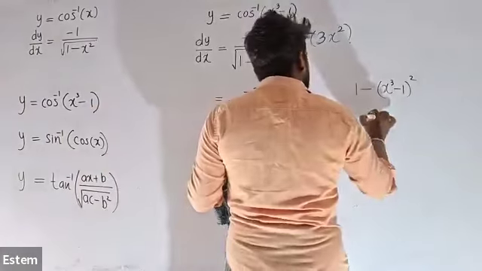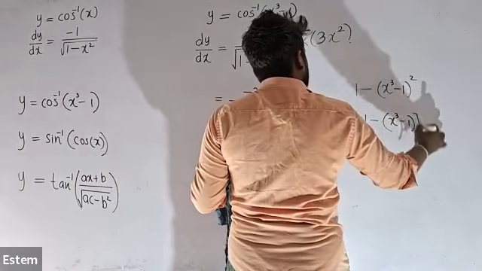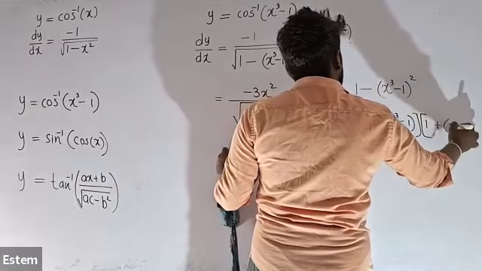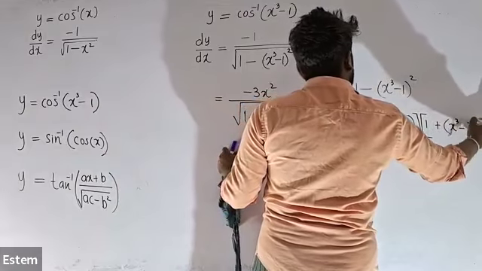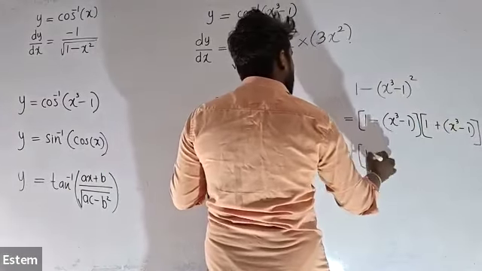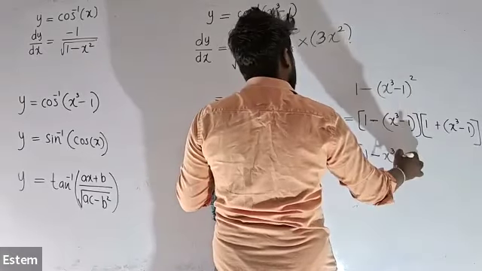How do we apply difference of two squares here? Like this: 1 minus (x cube minus 1), times 1 plus (x cube minus 1). What happens? It is simplified. 1 minus x cube, and minus minus is plus 1.